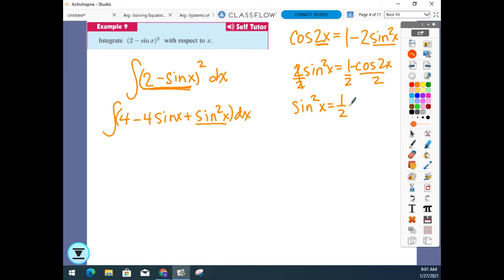And so I'm writing it this way because you never see trig functions divided by a number like this. You always just pull that out front to make a coefficient out of it. So we're going to use the fact that sine squared equals all of this, and I'm going to substitute this in here for sine squared.